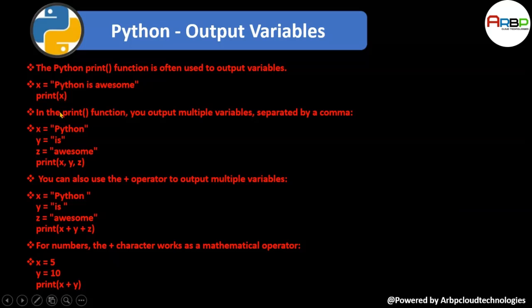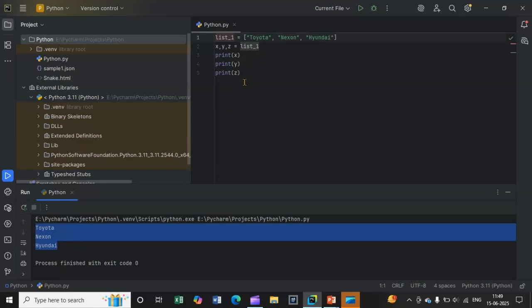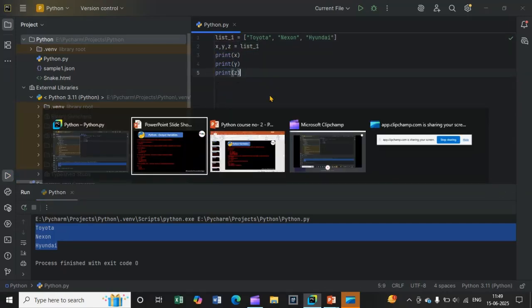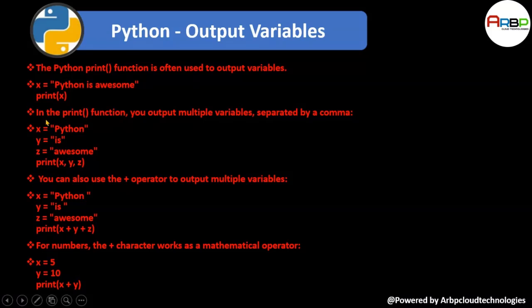Now the Python print function is often used to output variables. Here you can see I have used only the print function to print the output of the variables. In the print function, you output multiple values separated by commas. You can also use the plus operator to output multiple variables.